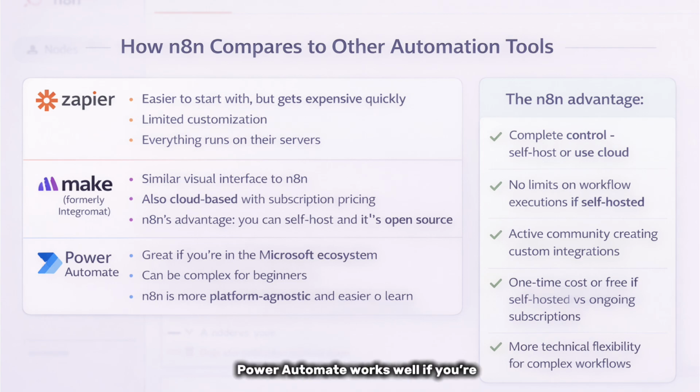Power Automate works well if you're deep in the Microsoft ecosystem, though it can feel complex and rigid for beginners. n8n stands out because it gives you real control. You can self-host or use their cloud, run unlimited workflows when self-hosted, tap into an active open source community, and build far more flexible, technical automations without being boxed into ongoing per-task fees.